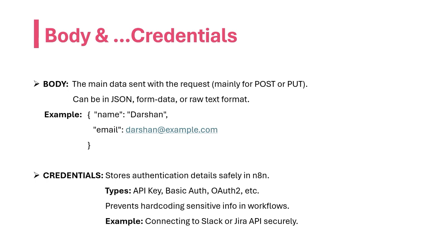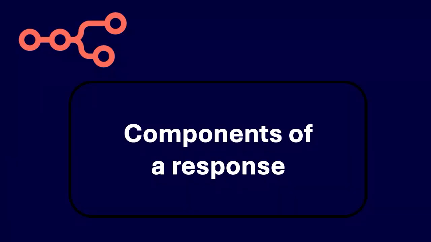For example, we connect to Slack or Jira API securely, because in n8n, in order to create workflows, we need to connect our Slack to use the Slack bot, or Jira. So API key, basic auth and OAuth2, these credentials help to secure our data and other information like IDs and all.